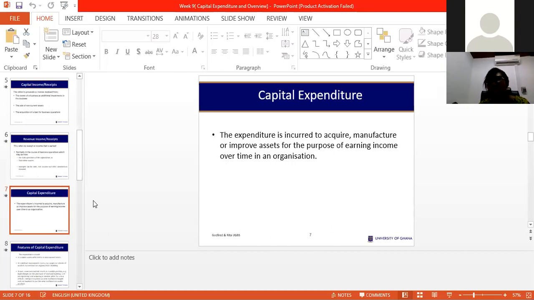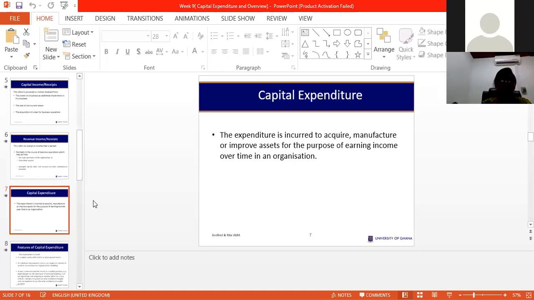So if the business decides to acquire a motor van, that cost of the motor van will be a capital expenditure. If the business acquires or decides to improve the motor van or the motor vehicle for purposes of business, that improvement, and when we talk about improvement, you are referring to, for instance, maybe changing the engine, doing body works and spraying all over.